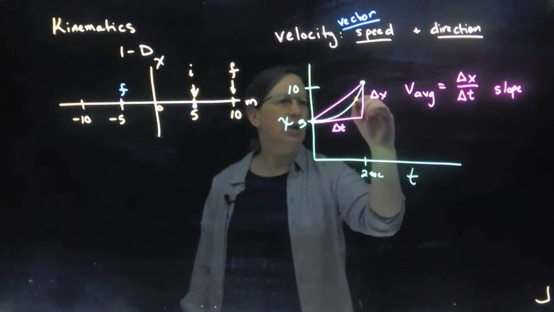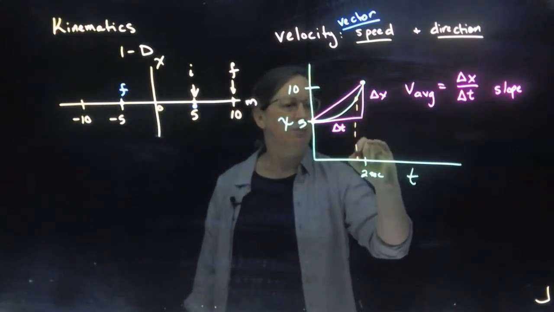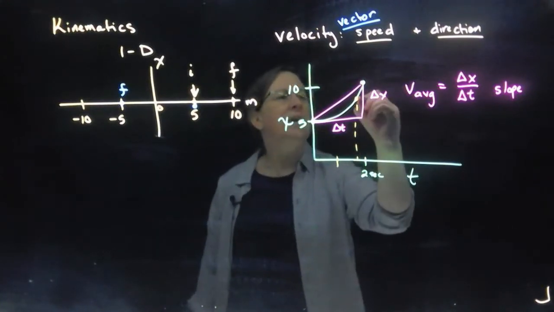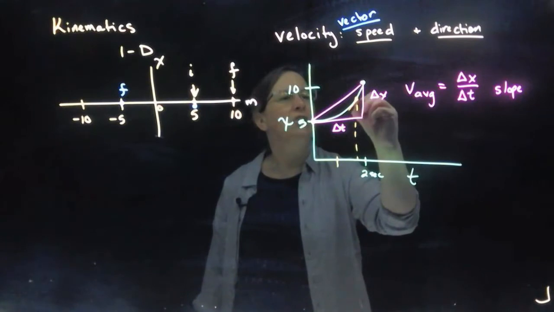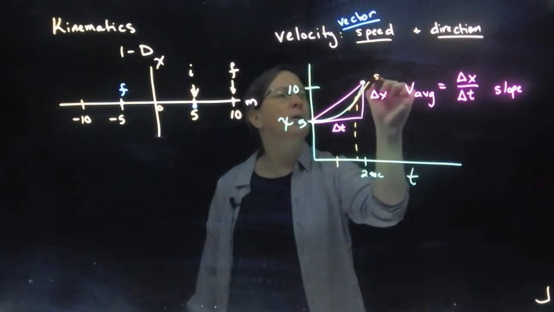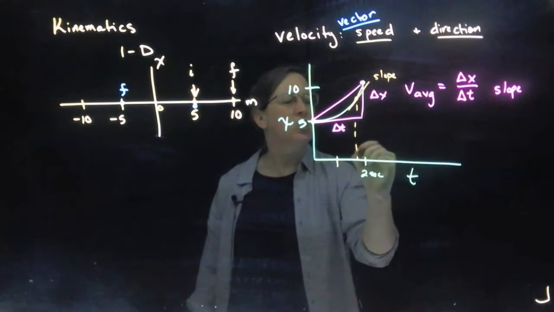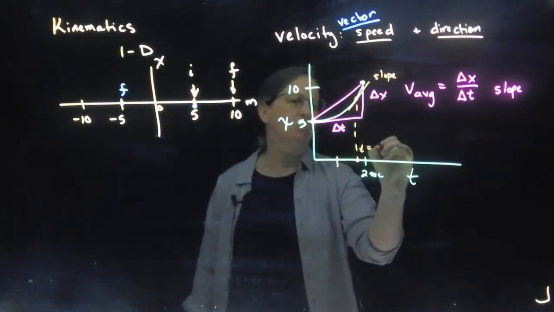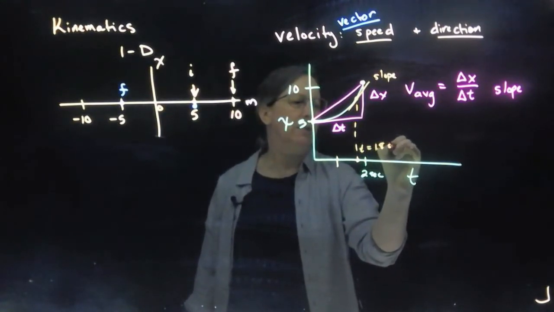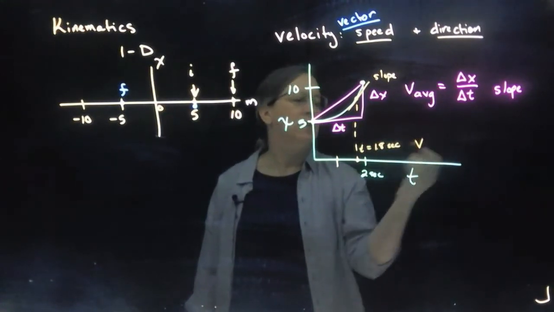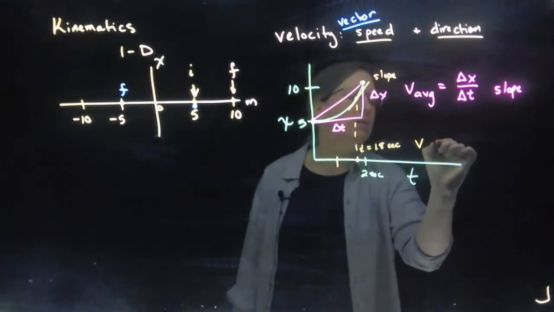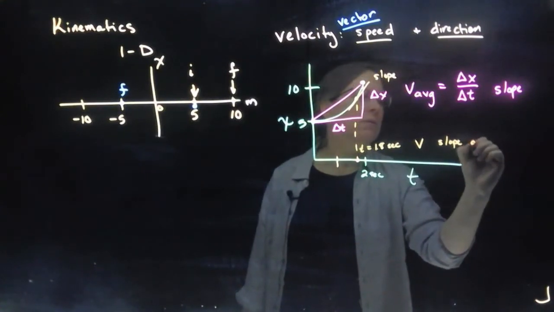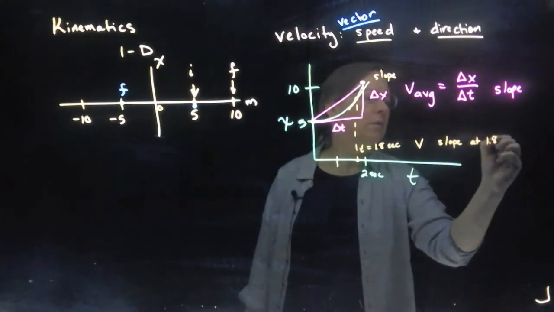Then if I want to know at this point, say at, I don't know, this is 1 second, that's like 1.7 seconds in, then we find the slope, that's the tangent here, right? That's our slope, right? And so that slope right at this point, it looks maybe at time equals 1.8 or 1.7 seconds, then our velocity, which is our instantaneous velocity, is going to be the slope at that point.